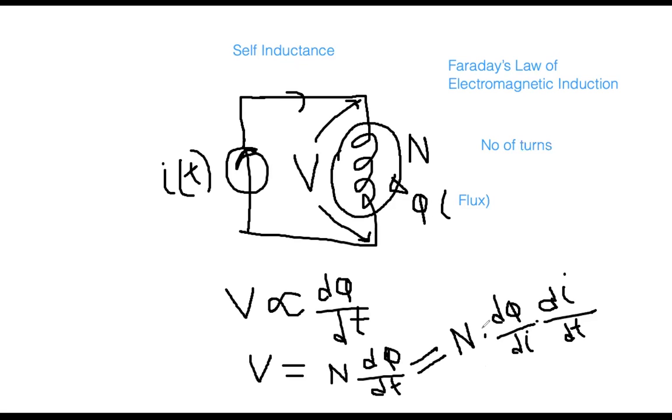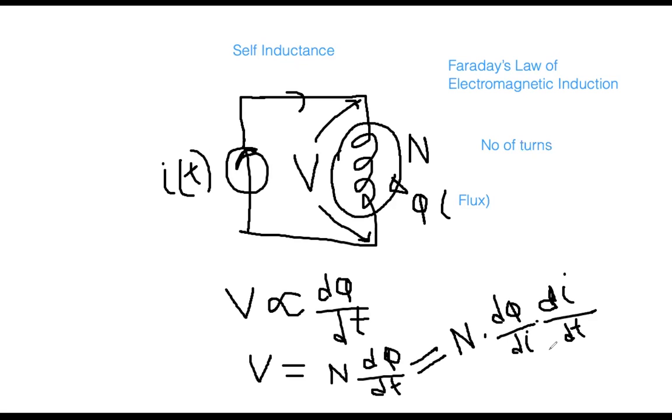So here this N is this N, then I have written d phi by di, which means the change of flux with respect to current. But here it was d phi by dt, so to make it equal, I again multiplied by di by dt. Then you see di cancels, and the meaning is the same, d phi by dt. Do you understand this?